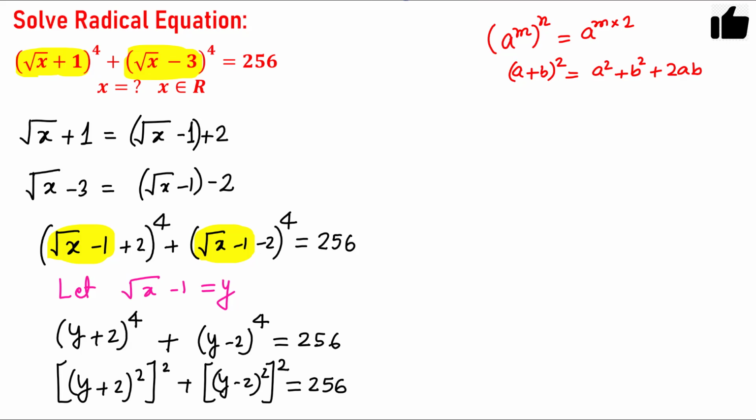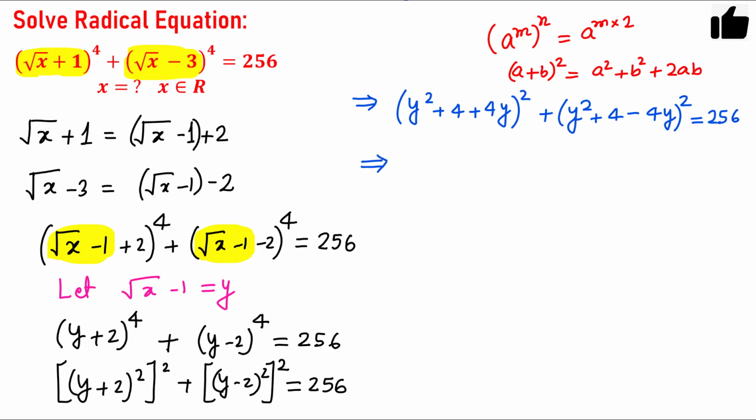So with this formula, my original equation will become (y squared plus 4 plus 4y) whole squared. Similarly, I have (a minus b) whole squared. You remember this formula, that is a squared plus b squared minus 2ab. So this is (y squared plus 4 minus 4y) whole squared, and this is equal to 256.